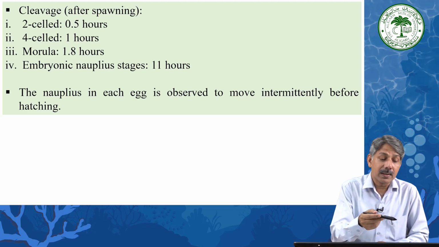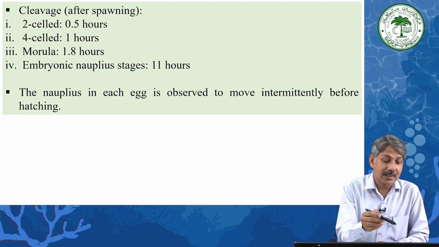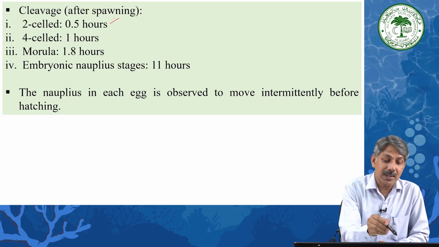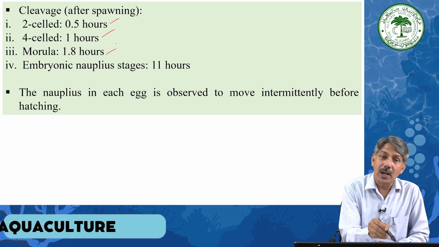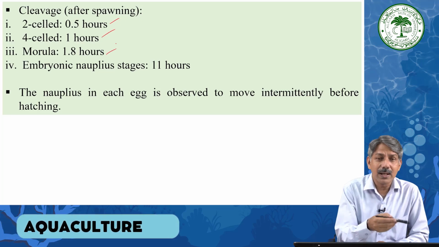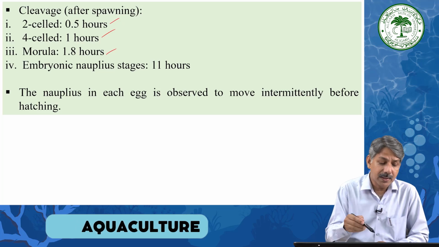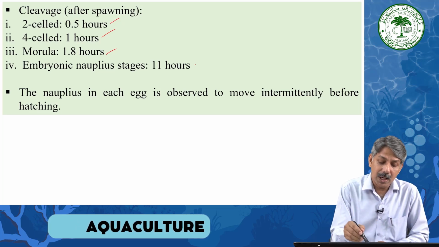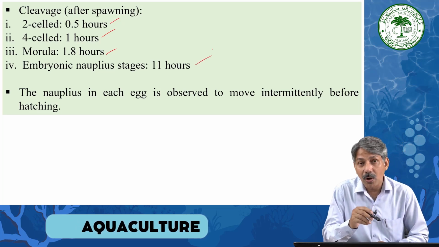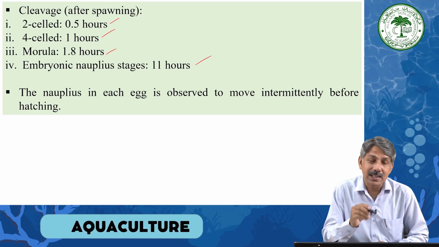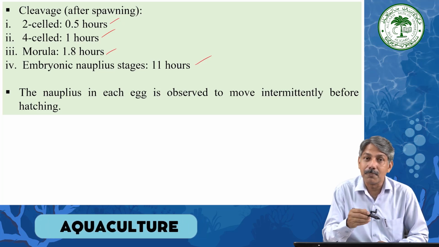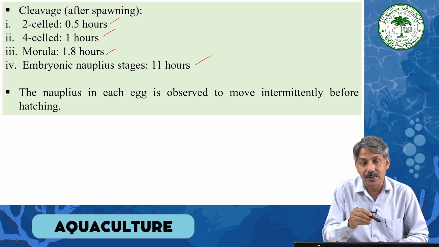Now, when cleavage starts, the two-celled stage can be reached in half an hour, four-celled in 1 hour, and morula in 1.8 hours. The average time is shown here, and nauplius stages may appear in 11 hours. We all know that the developmental stages are strongly dependent on temperature variations and climatic conditions.